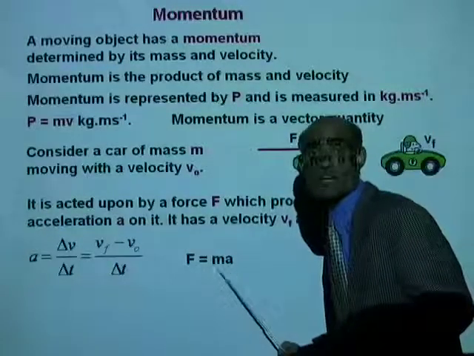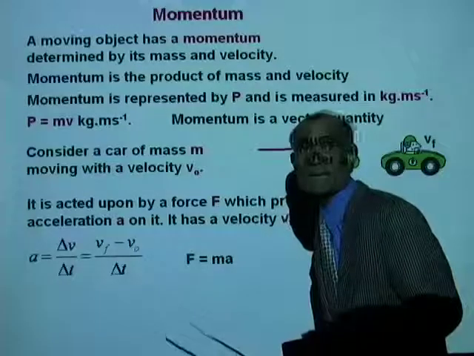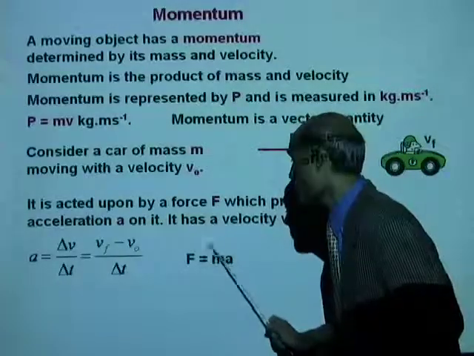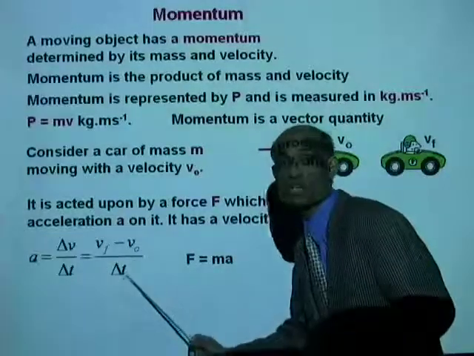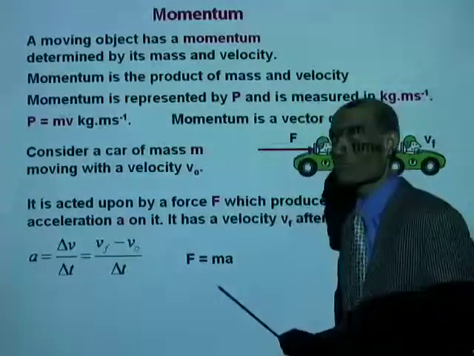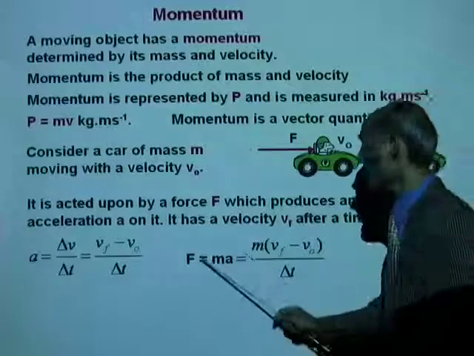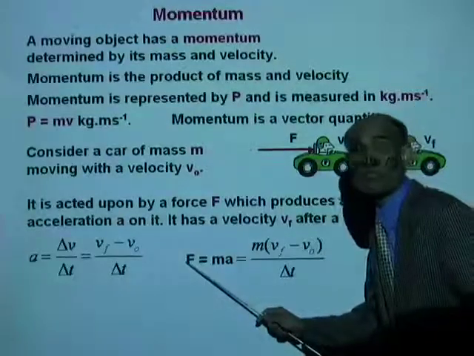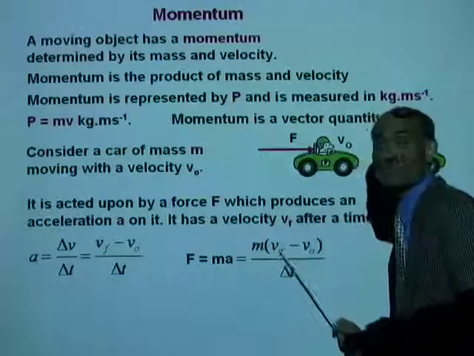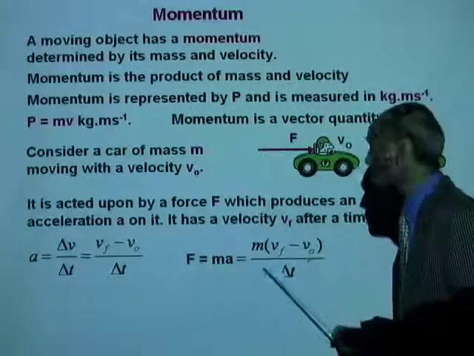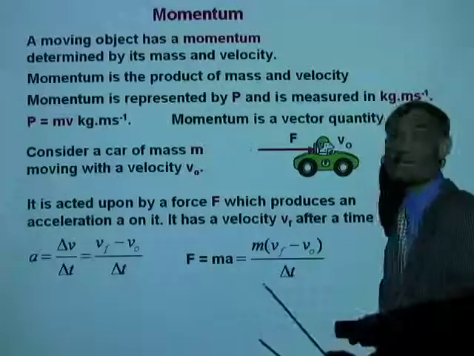But you know that F equals ma. So, if I now replace this a by this quantity, (vf minus v0) over delta t, I can now write F, the force applied on this car, is m times (vf minus v0) divided by delta t.